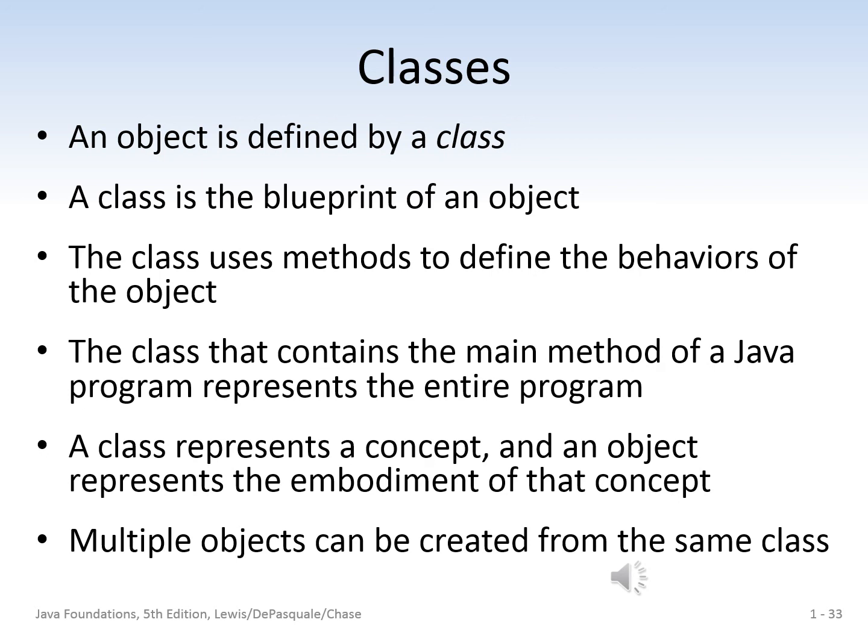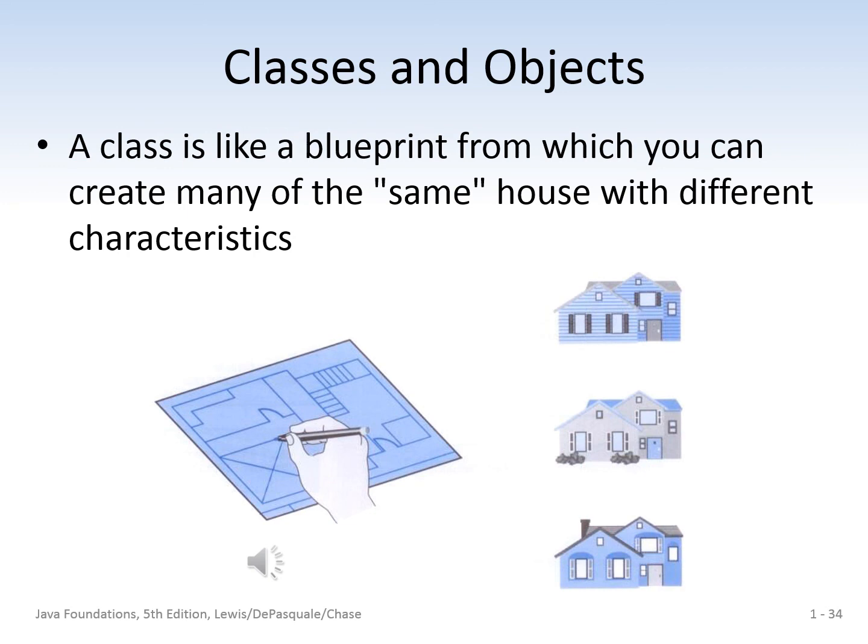It should be noted that the same class can be used to create multiple objects. Remember, the class is the blueprint and the object is the embodiment of the class. Here's an example.